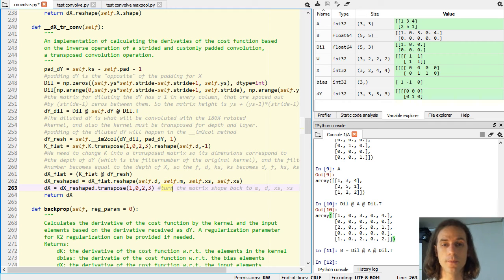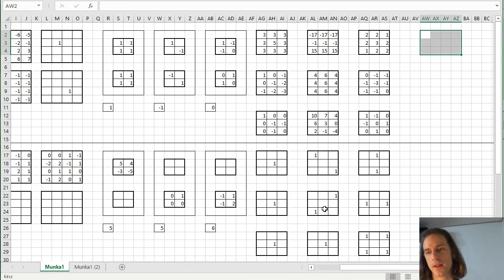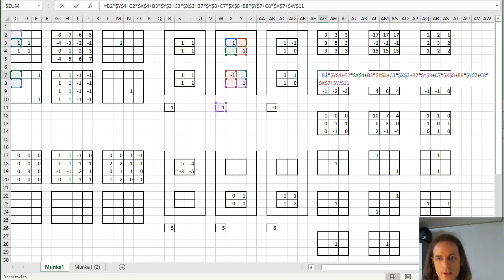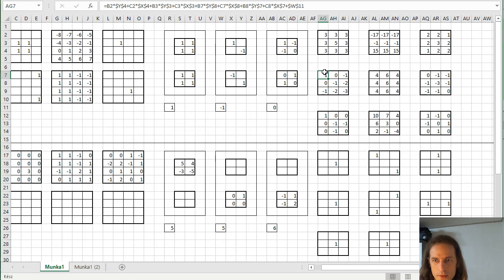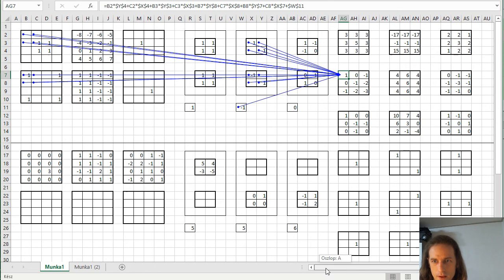What's different here is that we are not reversing the direction of the kernel. And why? Because if you really think about it, this element comes from here.